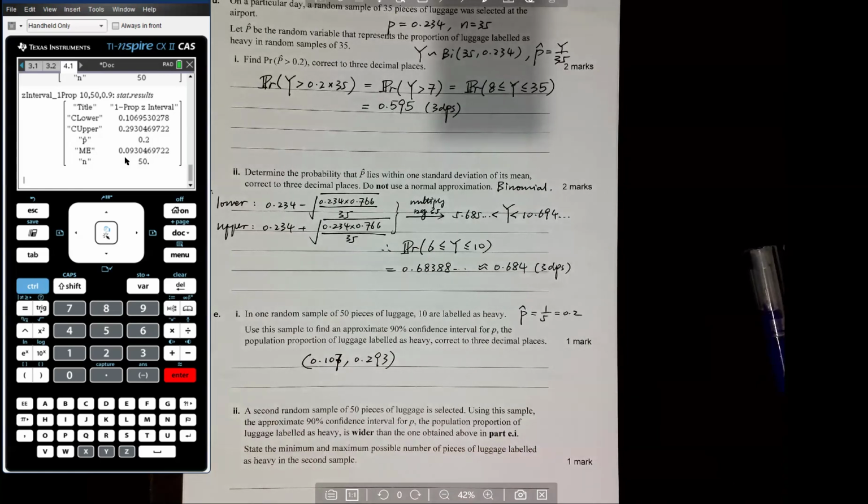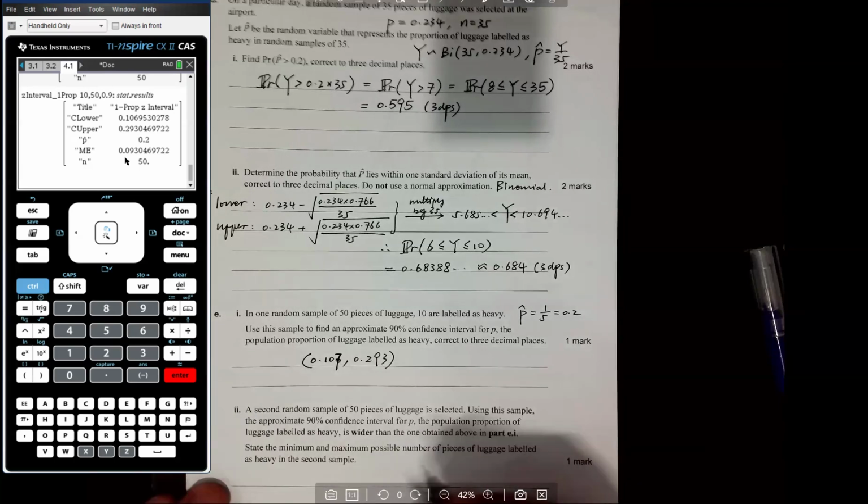And the second part: we need a second random sample of 50 pieces of luggage. Using this sample, the approximate 90% confidence interval for P, the population proportion of luggage labeled as heavy, is wider than the one obtained above in part E1. We would like to find the minimum and maximum possible number of pieces of luggage labeled as heavy in the second sample.